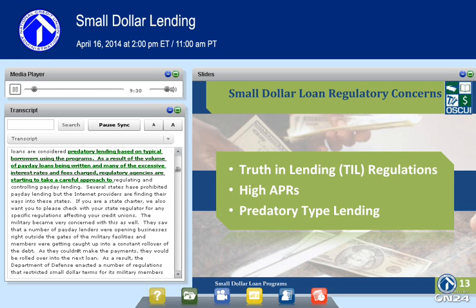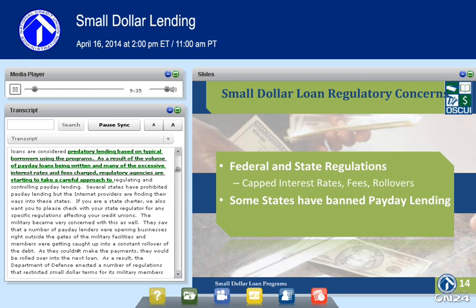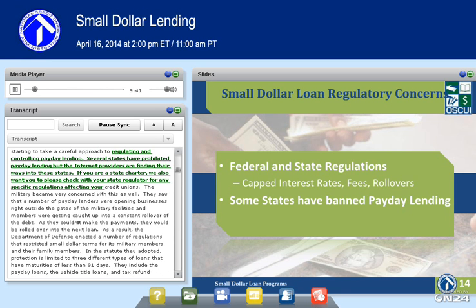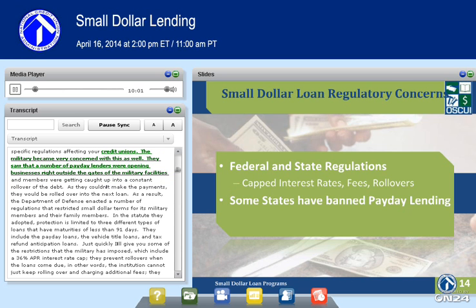As a result of the volume of payday loans being written and many of the excessive interest rates and fees charged, regulatory agencies are starting to take a careful approach to regulating and controlling payday lending. Several states have prohibited payday lending, but the internet providers are finding their ways into these states. If you are a state charter, we also want you to please check with your state regulator for any specific regulations affecting your credit unions.